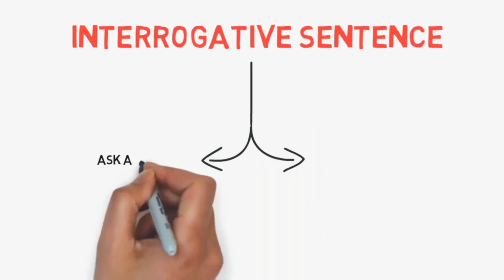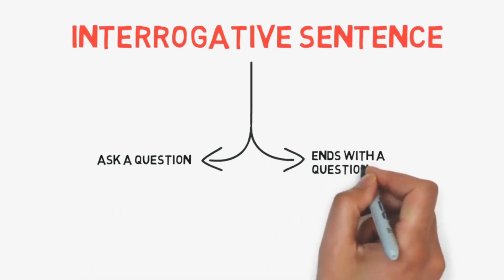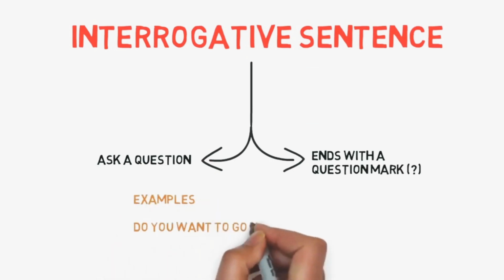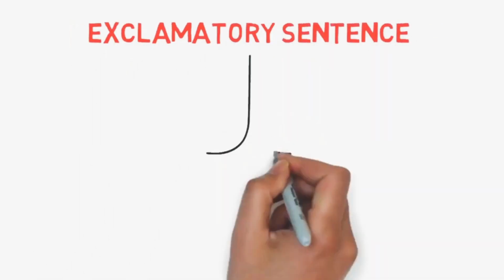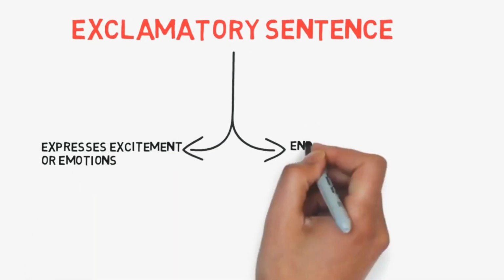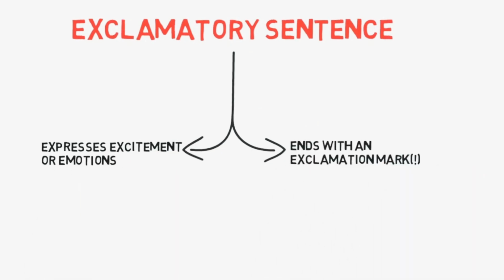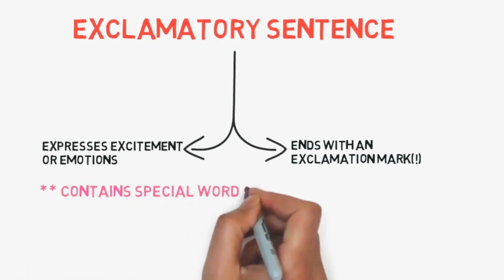Interrogative sentence, which asks a question and ends with a question mark. Examples: do you want to go home now? Or are you staying inside your home? Exclamatory sentences. These sentences express excitement or emotions and end with an exclamation mark.